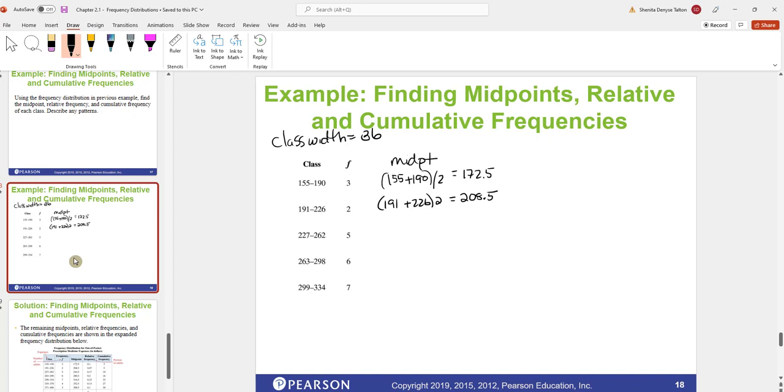Like I said, 172.5 is the middle of the first class. 208.5 is the middle of the second class. So I'm going to add 36 to each one of these to figure out the midpoints for the remaining classes. All I'm doing is the first 5. So those are the midpoints.